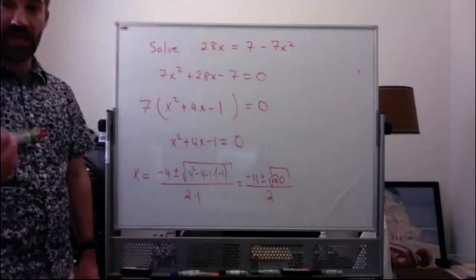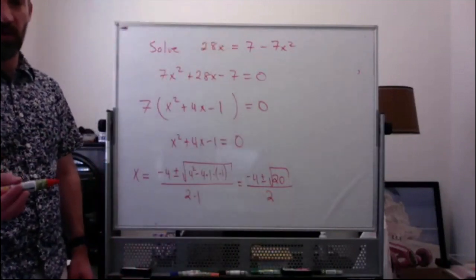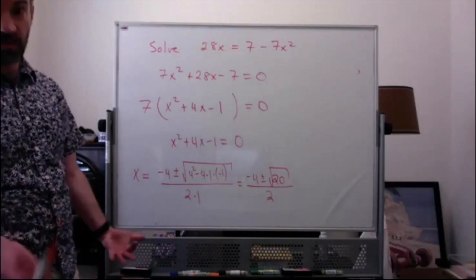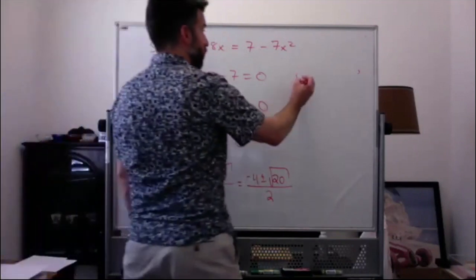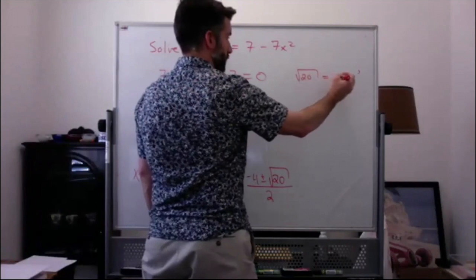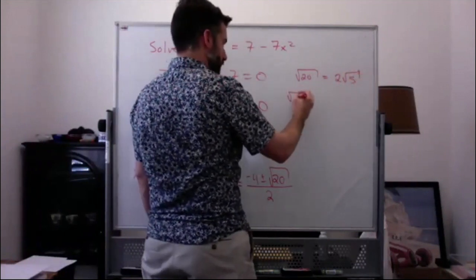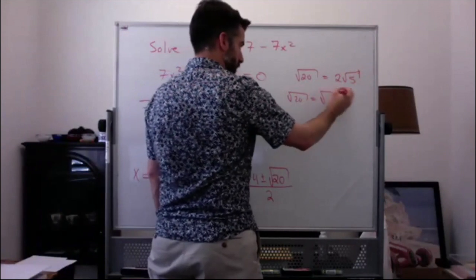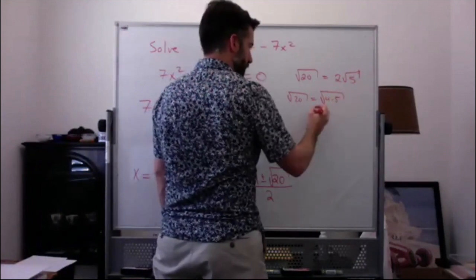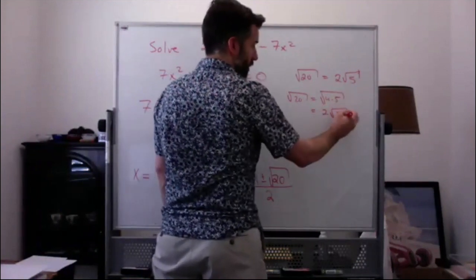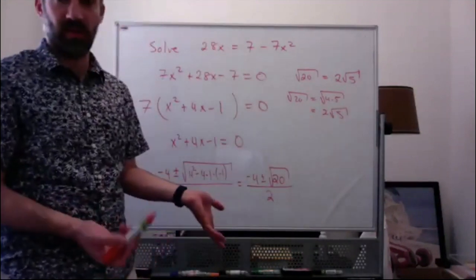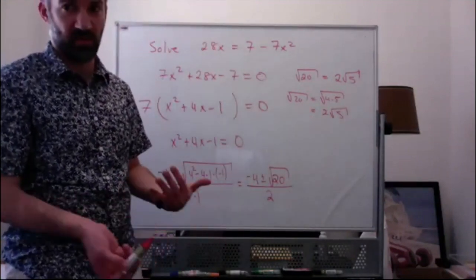We know the inside of that square root has a square factor. That square factor is 4. The square root of 20 is just going to be 2 square roots of 5, because the square root of 20 is equal to the square root of 4 times 5. I don't need you to show me all this work. If you're comfortable going straight from square root of 20 to 2 root 5, that's perfectly fine.